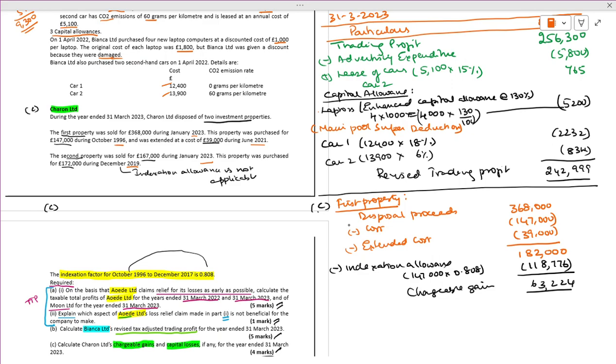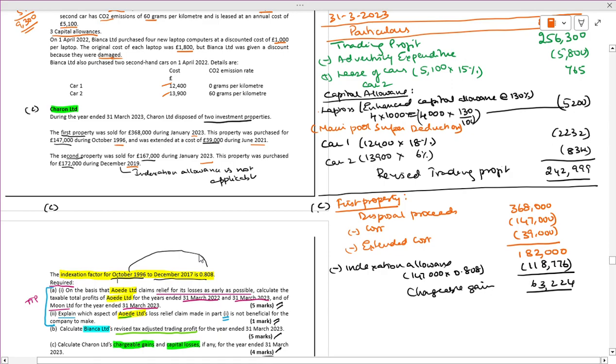Which date has been given? October 1996. Indexation allowance is only for between these dates. The first property was purchased in October 1996, that is the reason we have taken indexation allowance here. You have to be very clear about that.